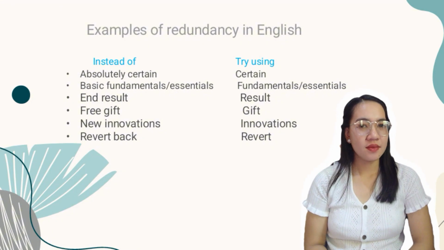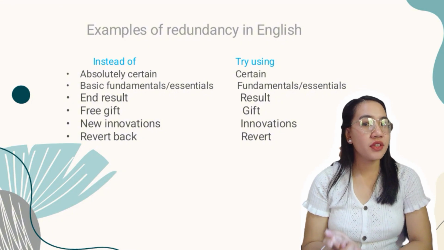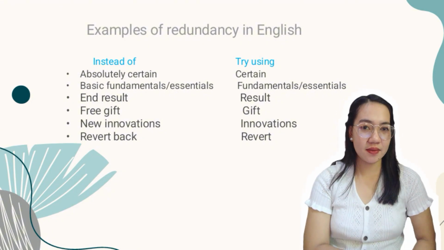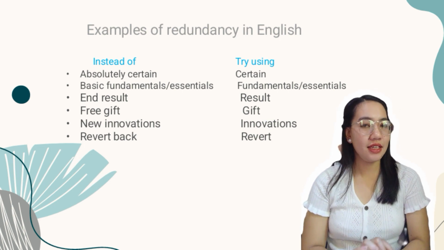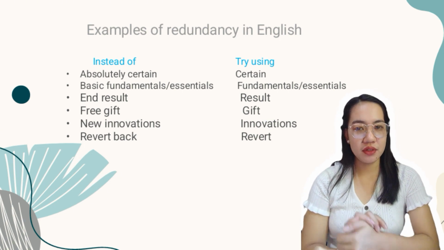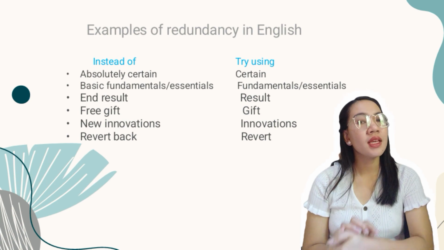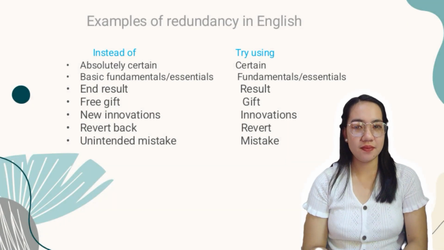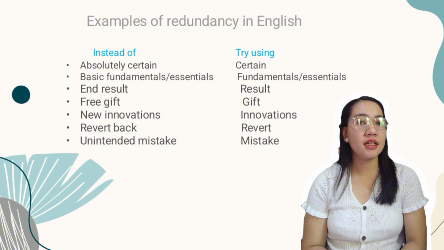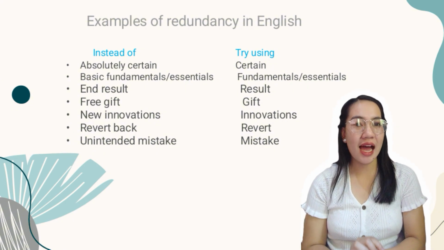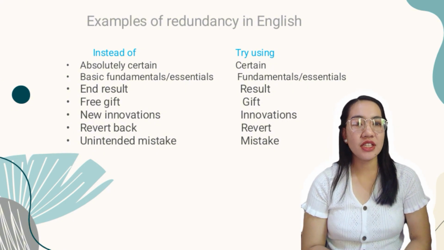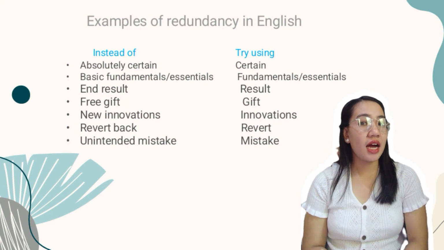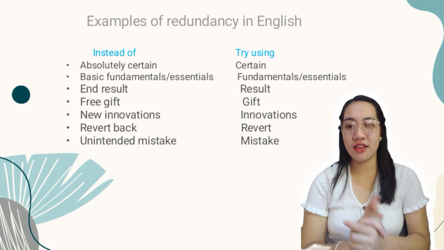Revert back. Something that reverts, returns to an earlier state. The word back is not needed when we use the word revert. Unintended mistake. A mistake is an inadvertently erroneous action. Lack of intention is implicit, or in other words, it is unintentional.